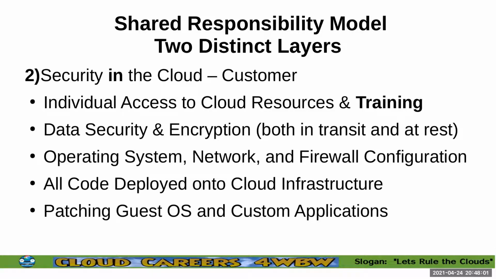When you are thinking of security groups, or of managing the operating system, here it is the guest operating system. And all code deployed onto the cloud infrastructure, patching the guest OS and custom applications. Those are areas that the customer is in charge of.